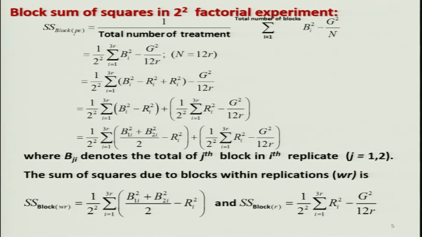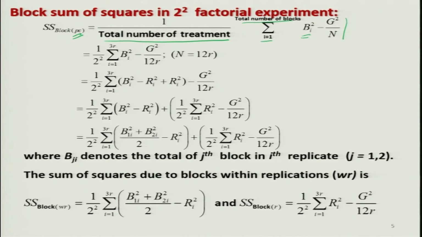SS block, which I indicate with the subscript partial confounding, that is C, is simply 1 upon the total number of treatments, summation i goes from 1 to the total number of blocks, B_i square, minus the correction factor G square upon n, right.